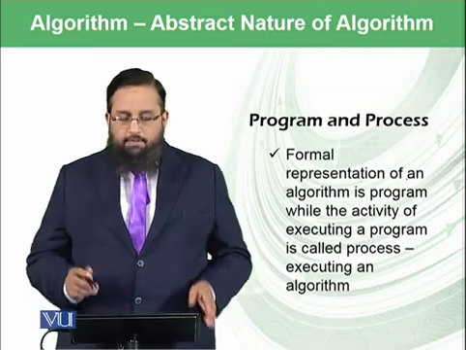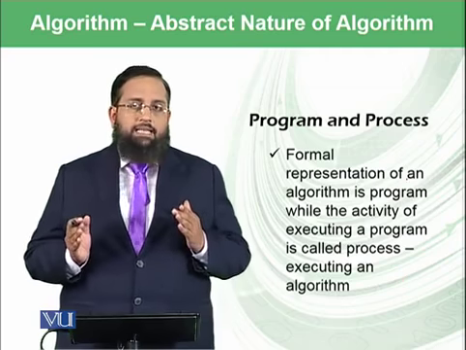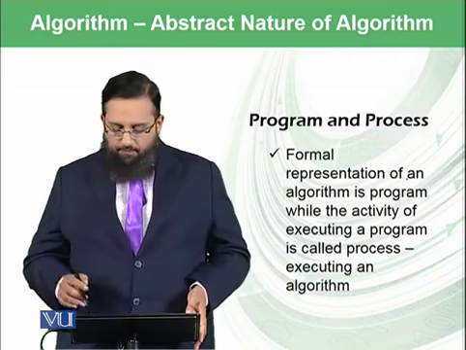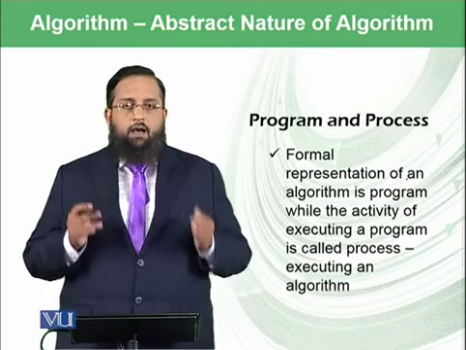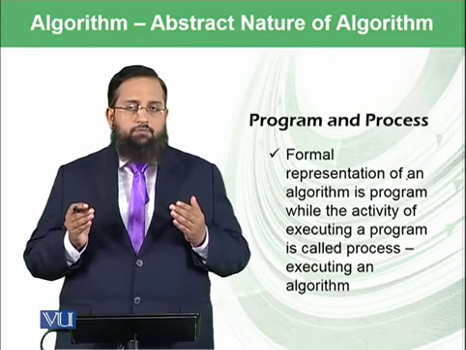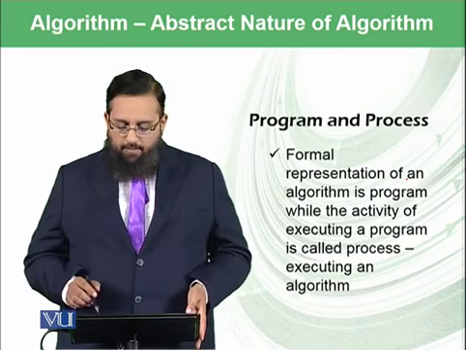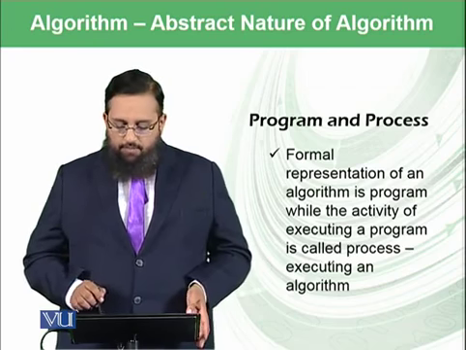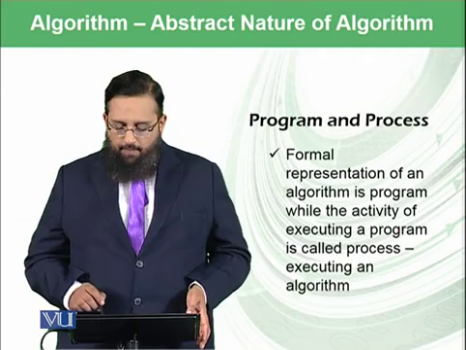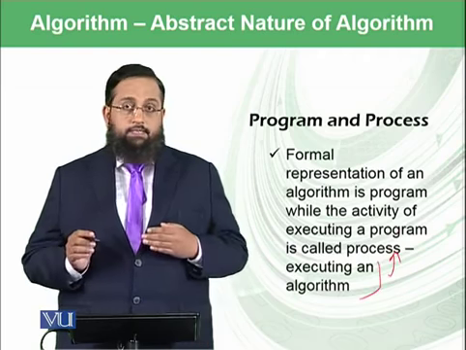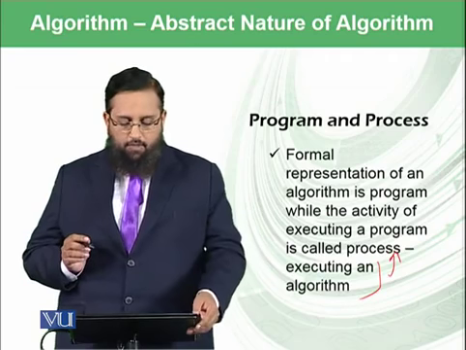A formal representation of an algorithm is called a program, which is written normally in a programming language. And executing a program is called a process, which we have learned in one of the computer architecture modules previously. So the executing of an algorithm is also called a process, right?